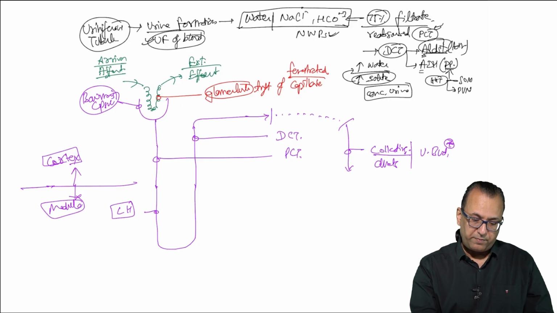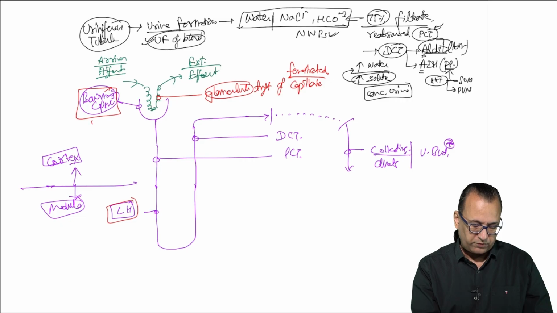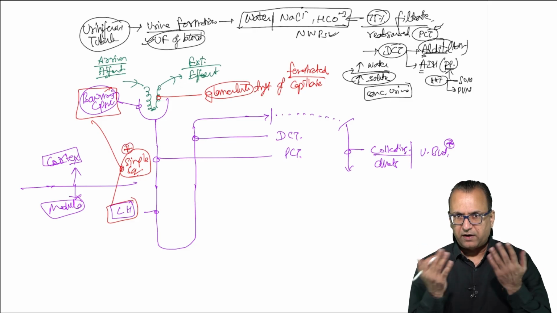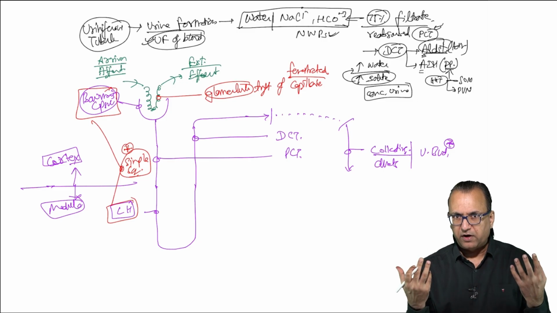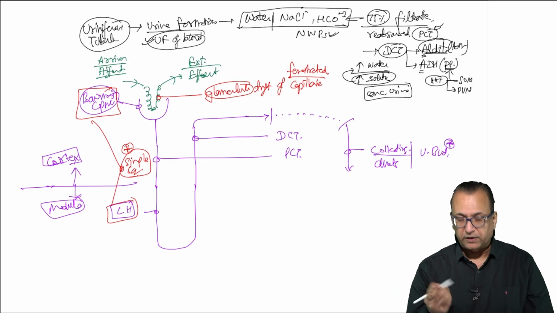Now we have to remember, whether it is the Bowman's capsule or the loop of Henle, both have the same epithelium, which is simple squamous epithelium. You want simple squamous epithelium because of the thin filtration membrane and good exchange of the blood, solutes or water.